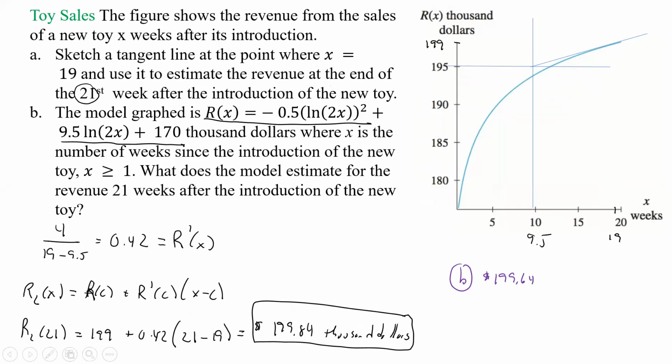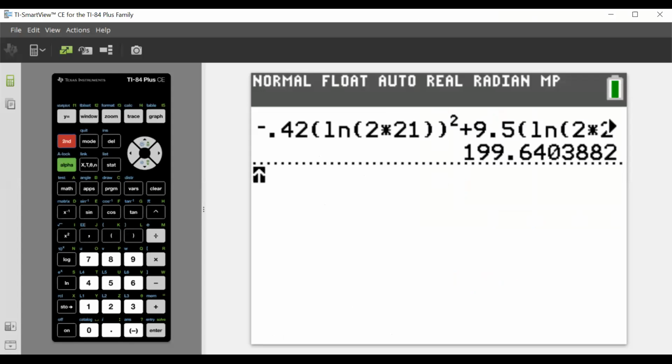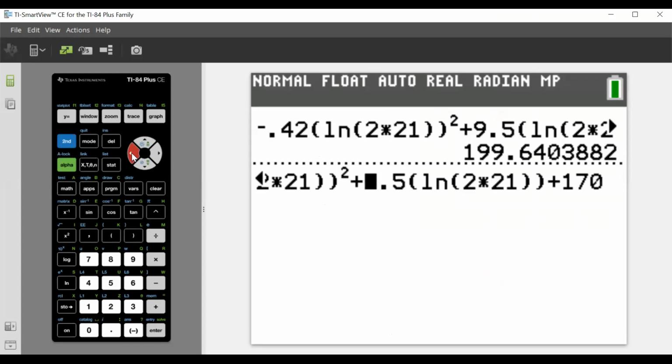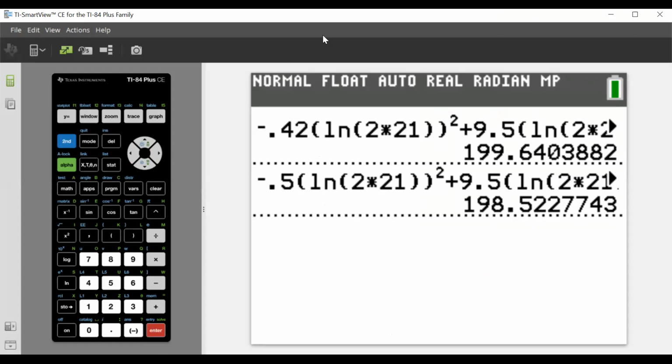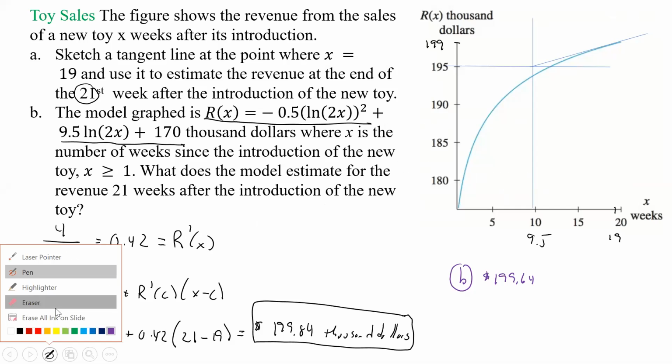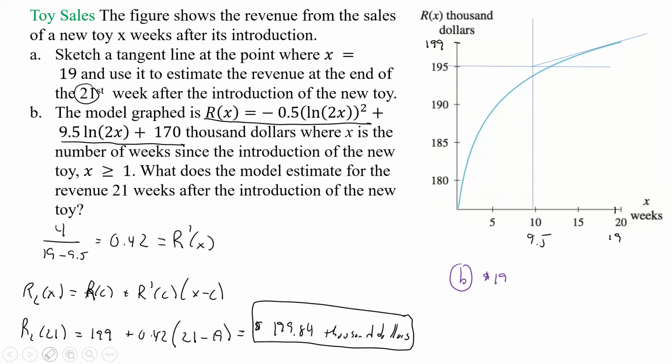I was thinking we used the value we calculated there. I wrote the wrong thing down. Let's go back: 0.5, there we go. That's 198.52. So that works just a little bit different.